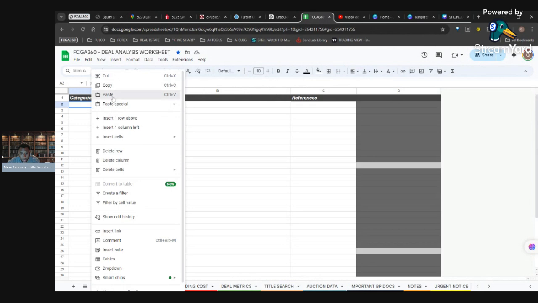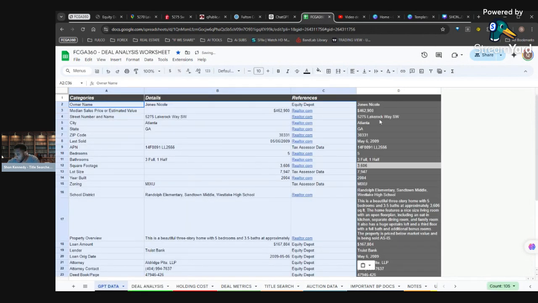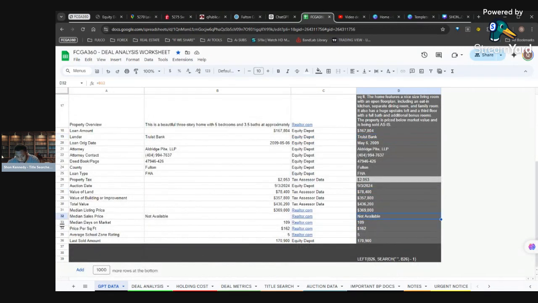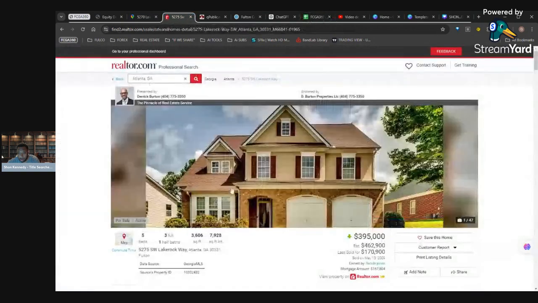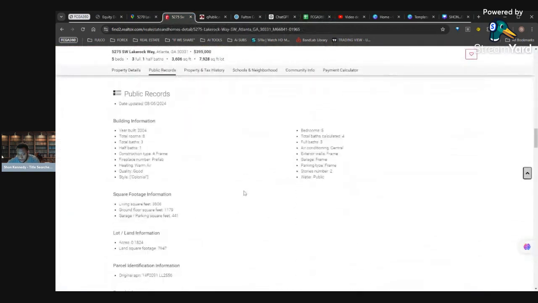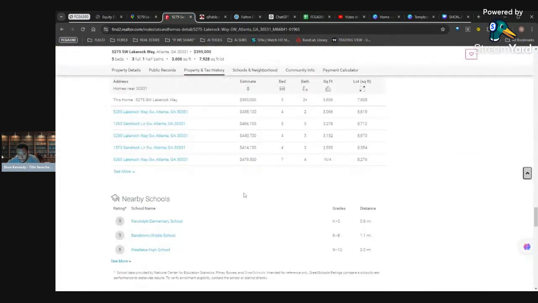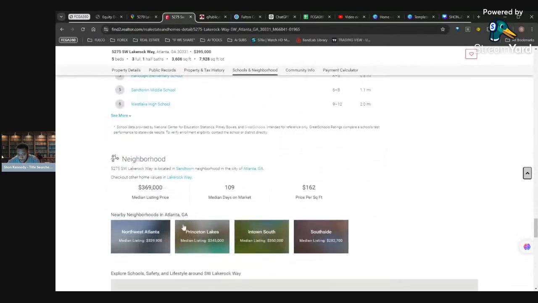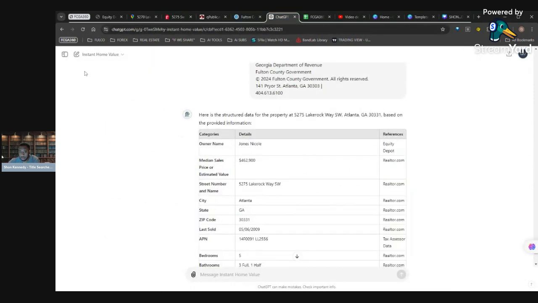So I'm gonna go ahead and put that information in there, run down this line, make sure everything looks good. I don't see any hiccups. Median sales price not available. Let's go down and see what we got over here. Median listing price is where I need to put. So check out how I edit this stuff.